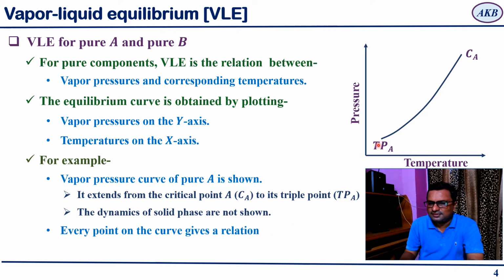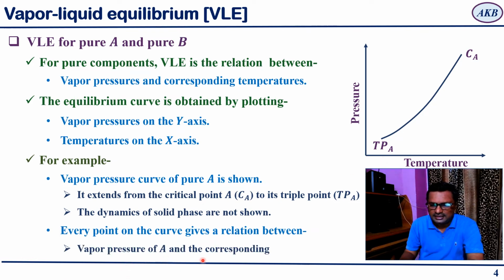Now, when you have this curve, the vapor pressure curve or equilibrium curve, every point on the curve gives a relation between the vapor pressure of A and the corresponding temperature. You choose any point on the curve, for example this point. This point will give the vapor pressure and the corresponding temperature.